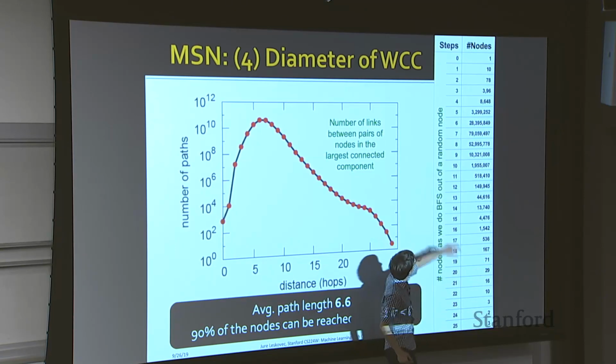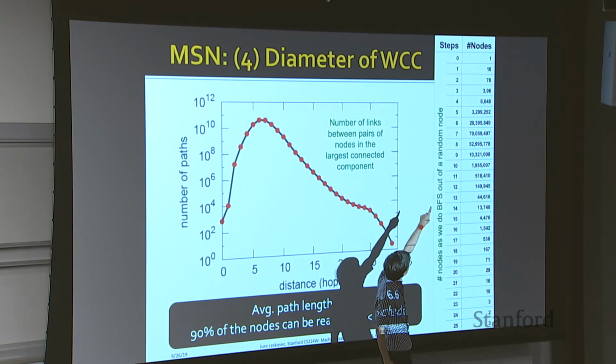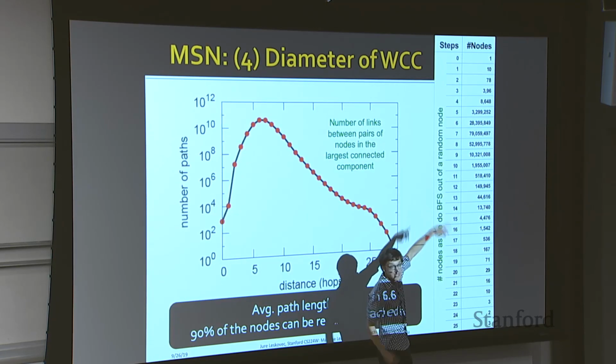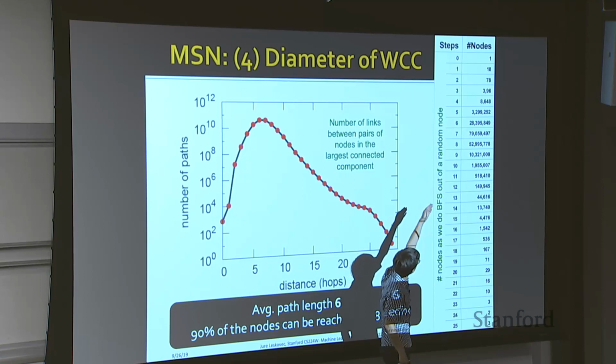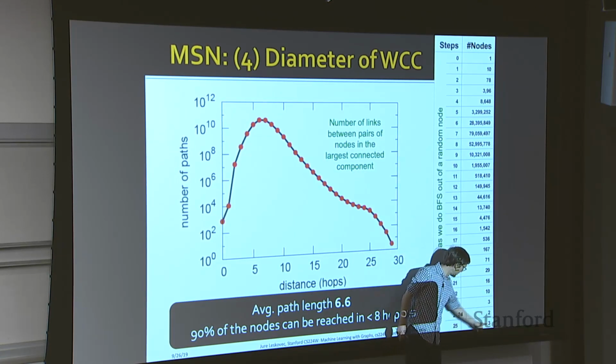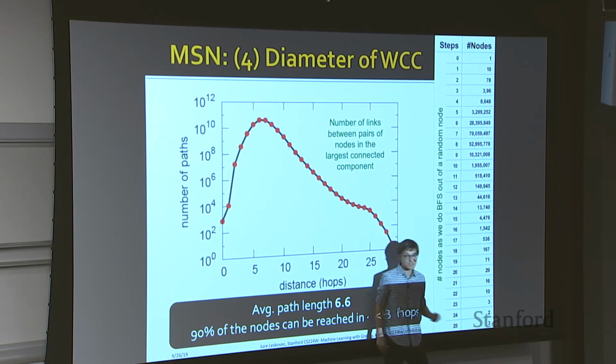It goes from 1 to 10 to 80 to 400 to 8,000 to 3 million, 28 million. At 7, you are at 80 million, and then it starts to decay all the way down to 3 people who are 25 steps away from you.